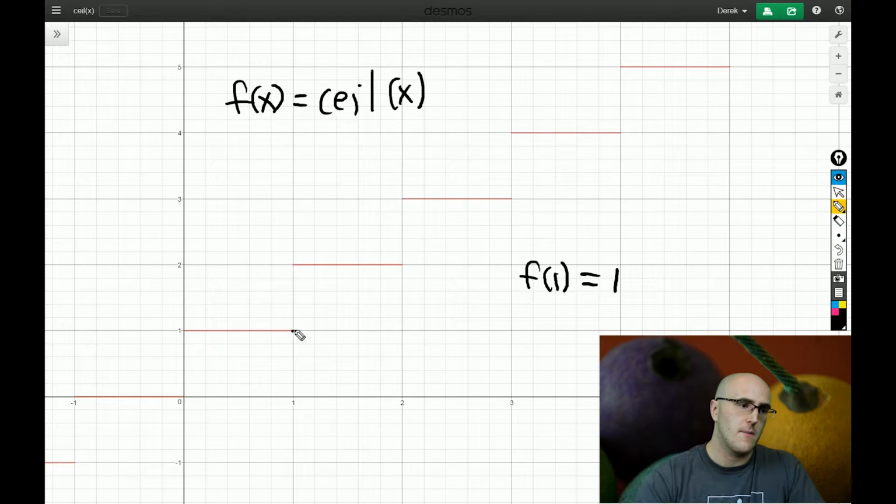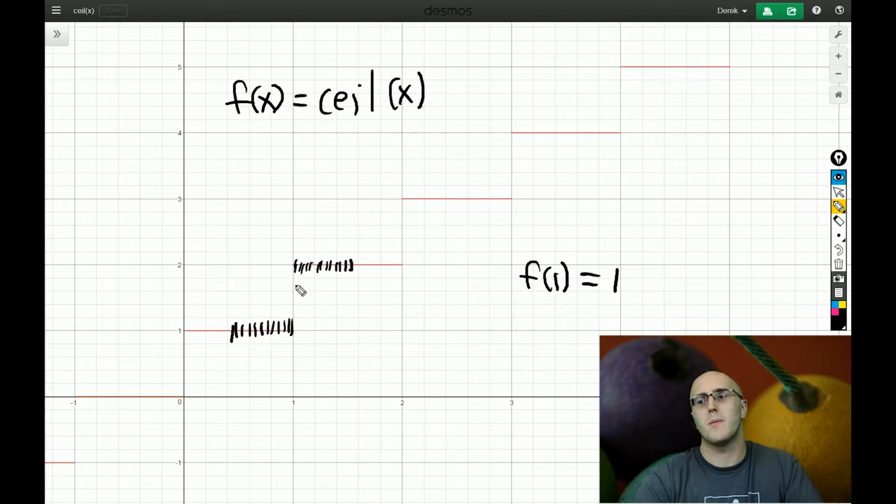And that's right here. However, the limit: if we pick values here, we got 1, 1, 1, we're still getting 1, we're getting closer and closer to 1. Oh, so it would appear our limit is in fact 1. However, if we approach 1 from the right side, 2, 2, 2, we are consistently getting closer and closer to 2 as we approach from the right side.